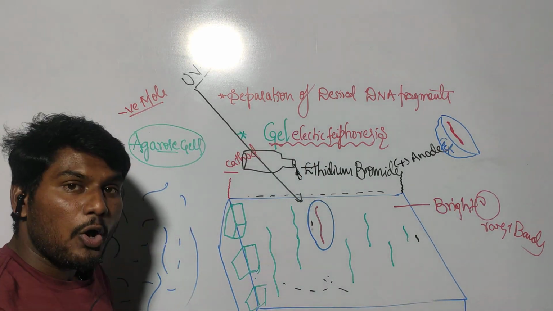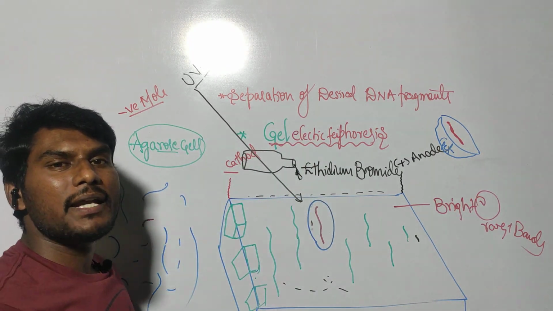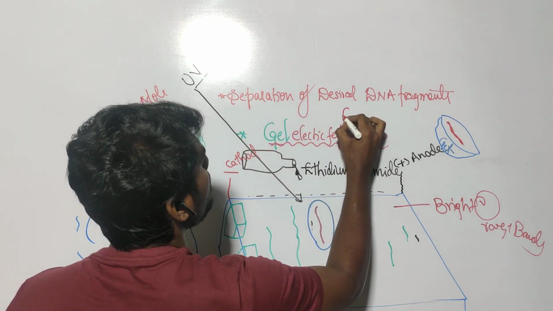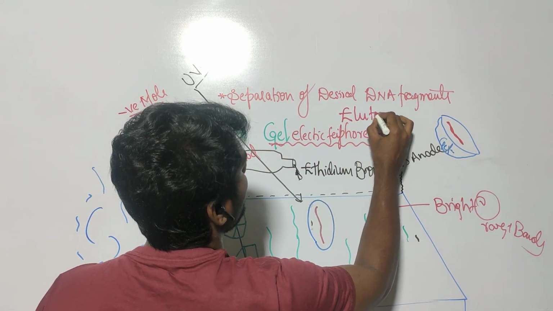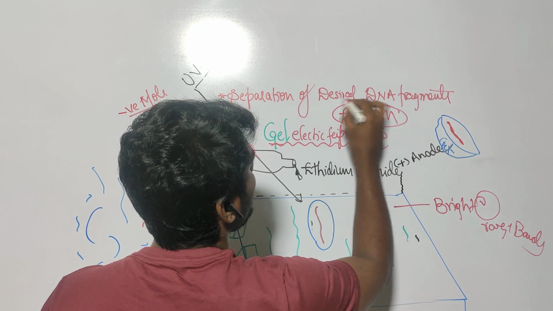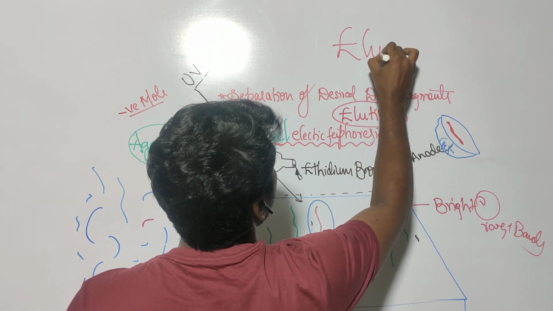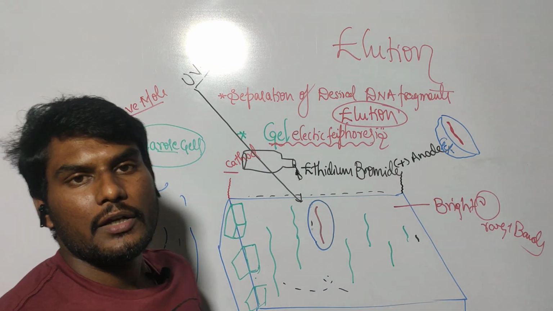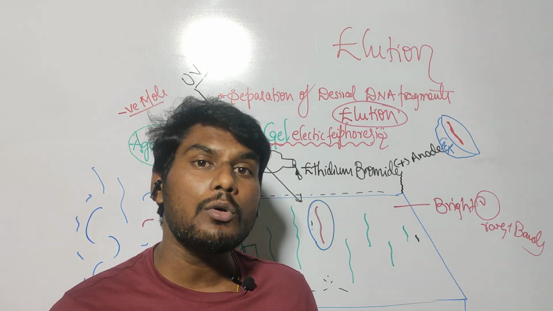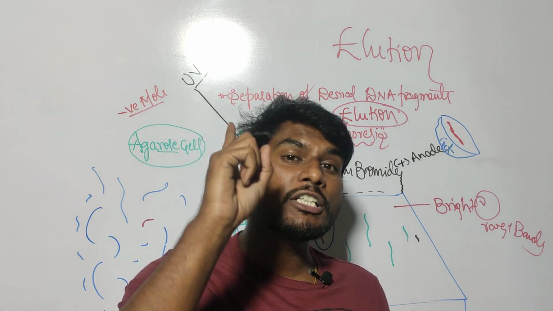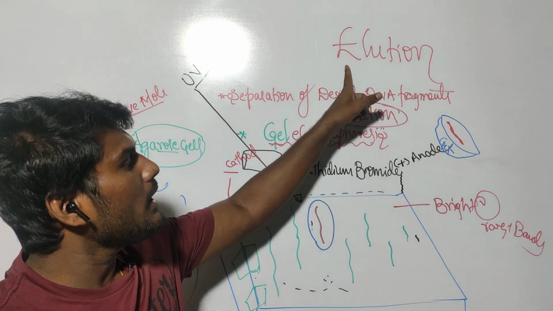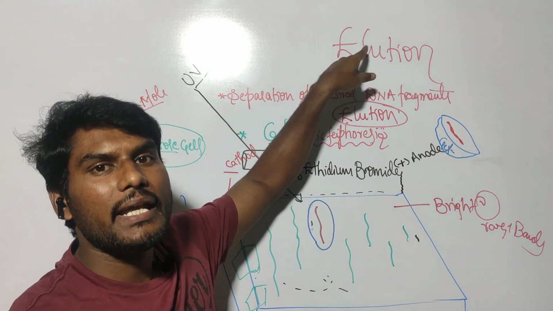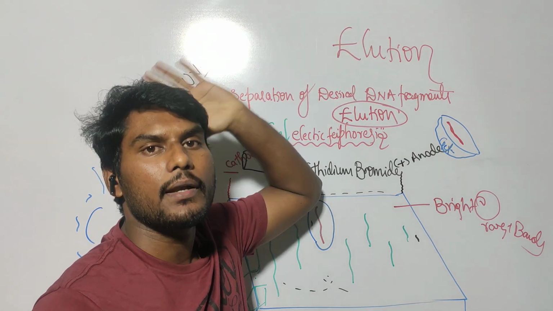And this process of taking out the desired DNA fragment is called elution. Elution. It is important. Don't get confused. Taking out of DNA is called spooling. Taking out of the desired DNA fragment is called elution.